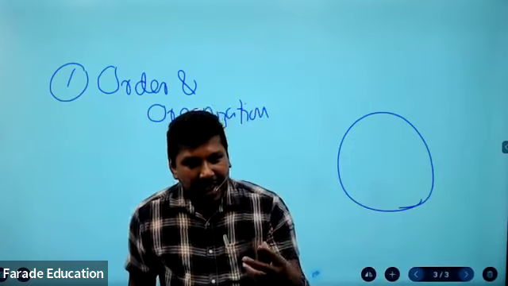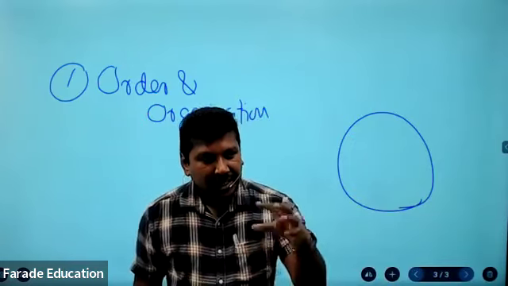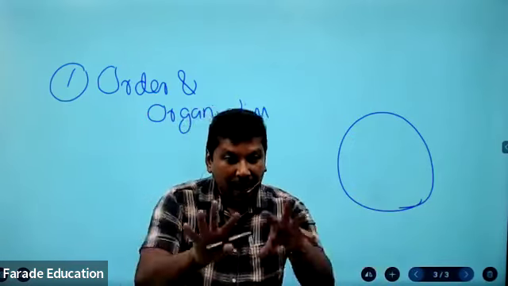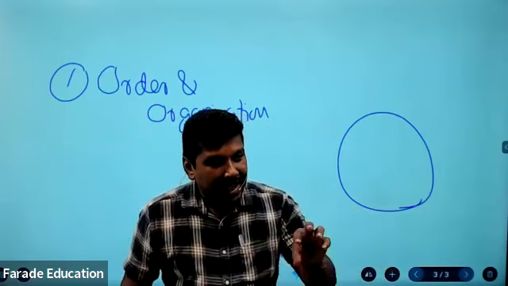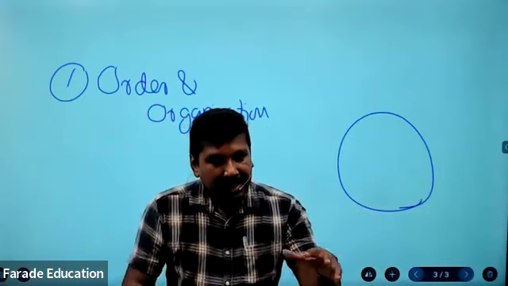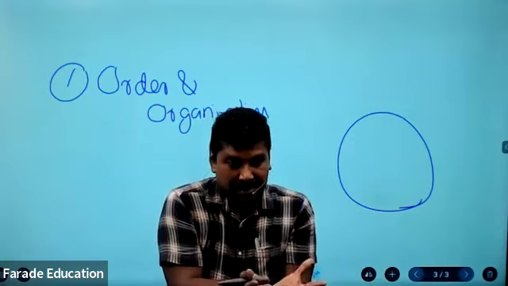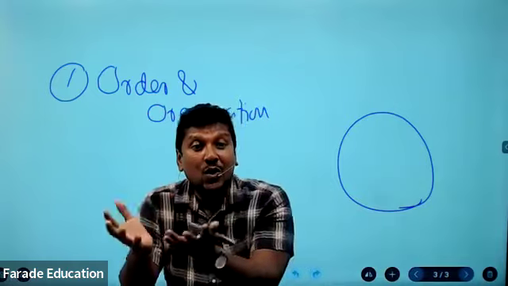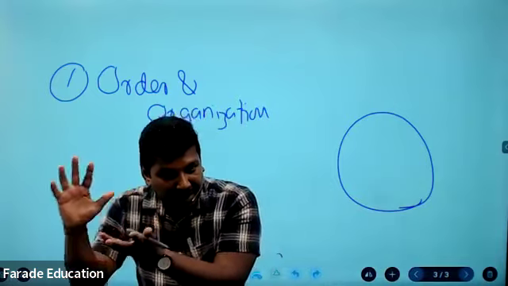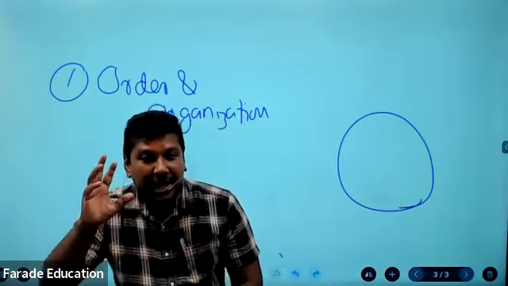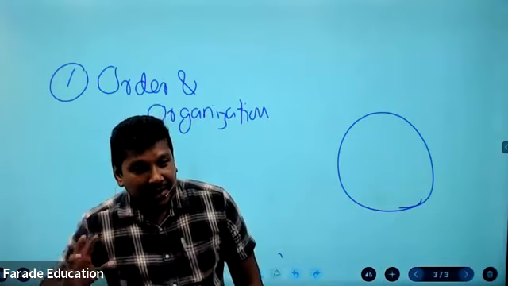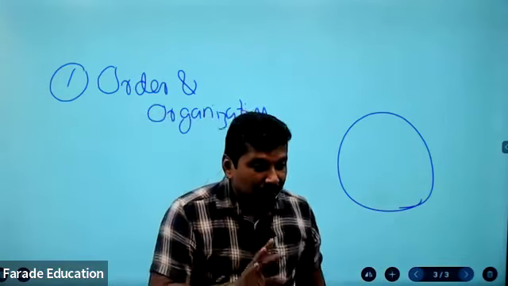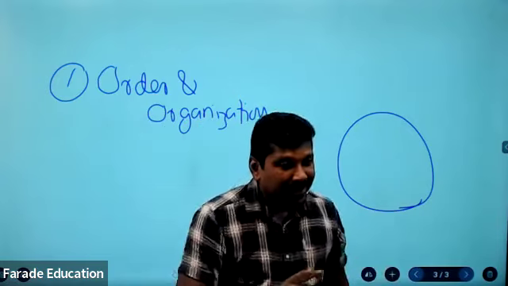I have so many cells which are differentiated for different functions, and they make different tissues. Different tissues make different organs, nicely differentiated organs like heart, brain, kidneys, liver, pancreas, uterus, ovary, testis.